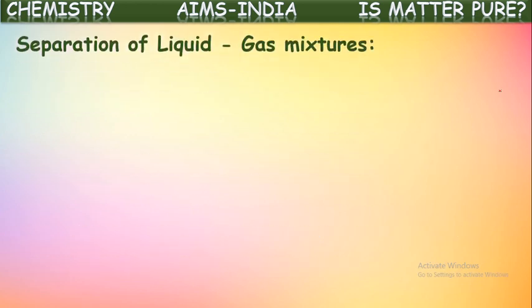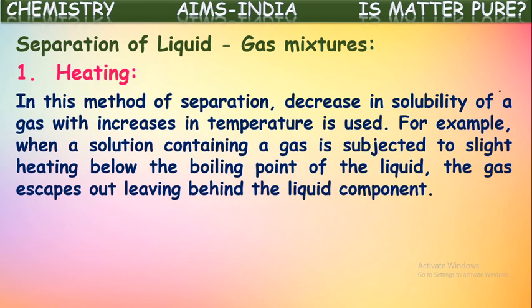Next, separation of liquid gas mixtures. Liquid gas mixtures can be separated by heating. In this method of separation, the decrease in solubility of a gas with increase in temperature is used. On increasing temperature, the solubility of gases in liquids will decrease.